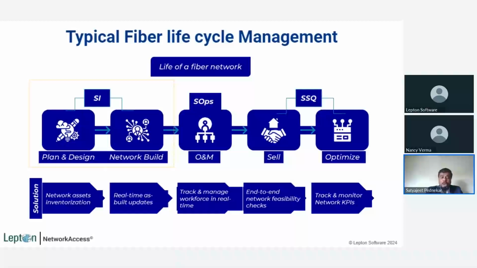How you can do this is the particular section we are going to cover in this webinar. Smart Ops is for operation and maintenance, to track and manage your workforces on a real-time basis, and a very, very handy tool in terms of operation and maintenance. And the Smart Service Qualification is for sales and business expansion, where you can check the network feasibility end to end, and then on top of it, you can expand your business exponentially.